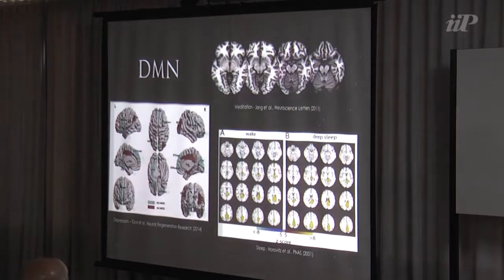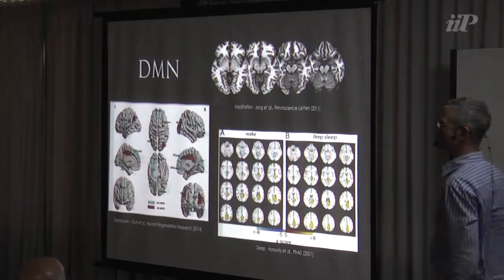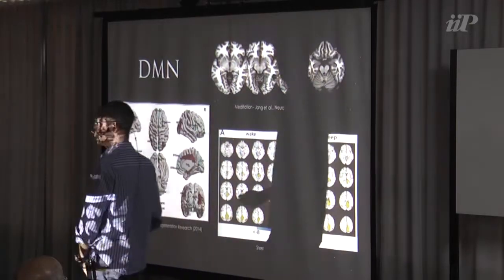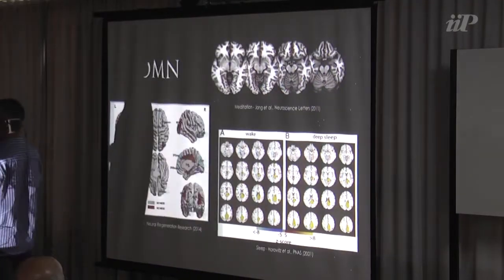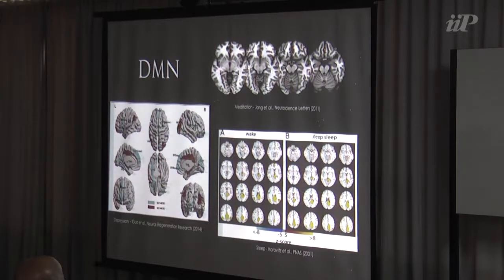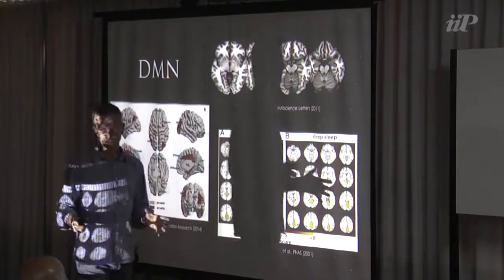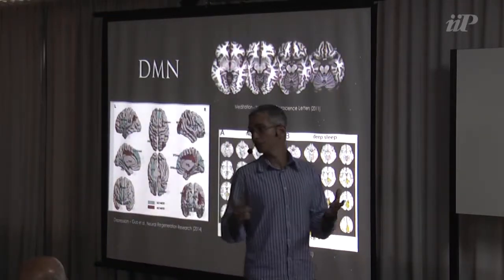And then you have what is called the resting state networks. What are the resting state networks? Resting state networks are a number of networks. You have the salience network, the default mode network, the auditory network, the basal ganglia network, many different networks that showed up using this strategy.